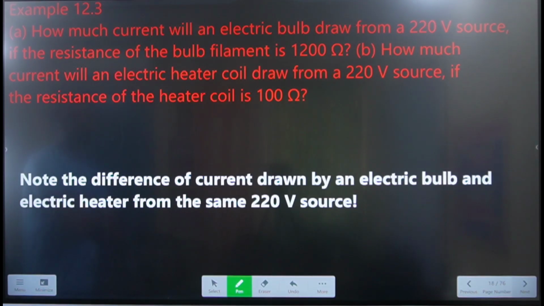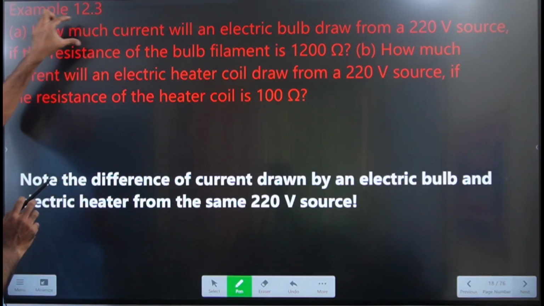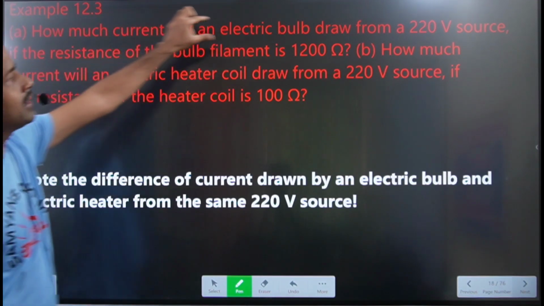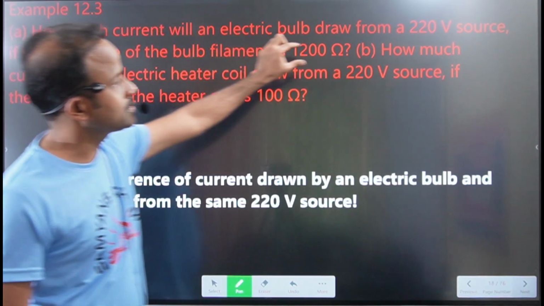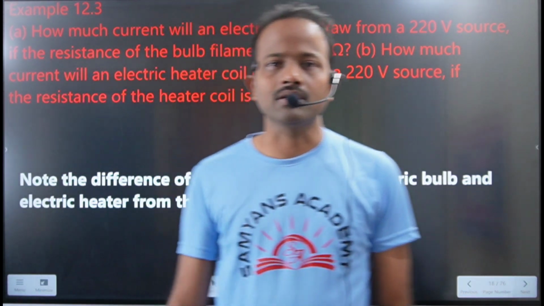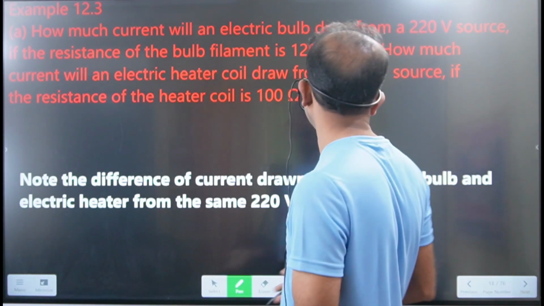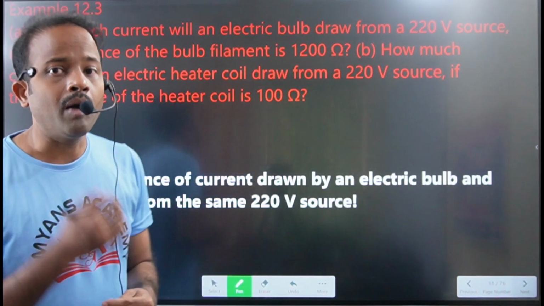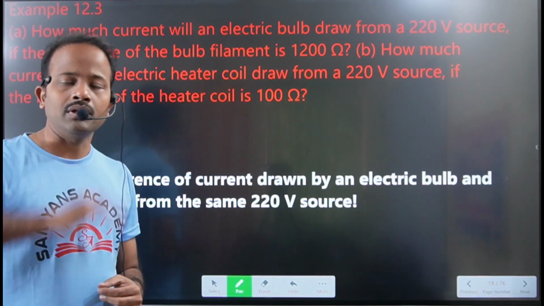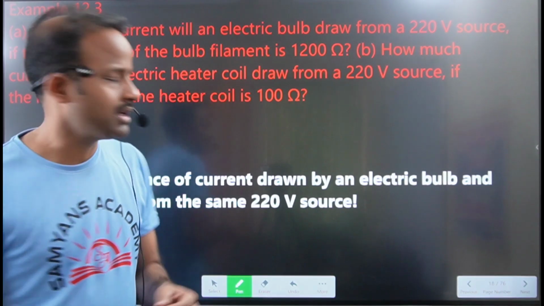How much current will an electric heater coil draw from a 220 volt source if the resistance of the heater coil is 100 ohm? In the first question, if the bulb's resistance is 1200 ohms and it is connected to a 220 volt source, how much current flows through the bulb? What is the relation between current, voltage and resistance?